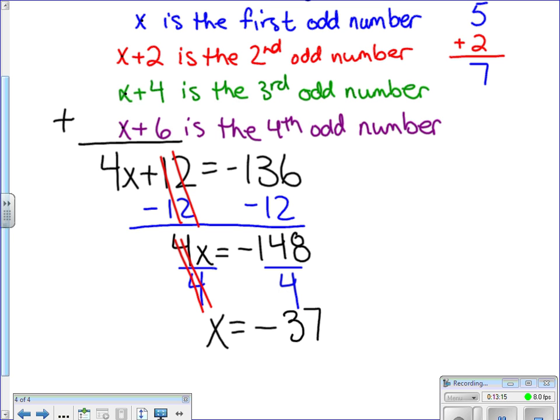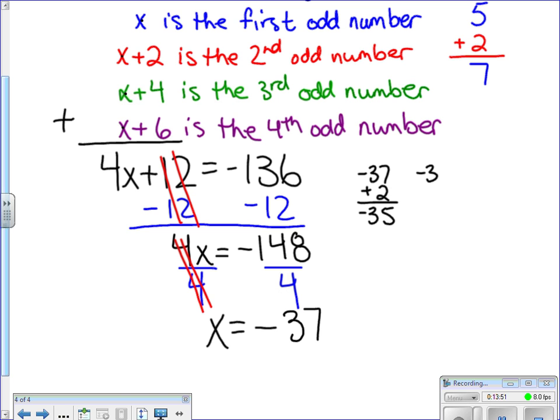Now, that is one of the numbers. What's the next number after this? Remember, you're adding 2 to the answer. And don't forget, these are negative numbers. So negative 37 plus 2 is negative 35.